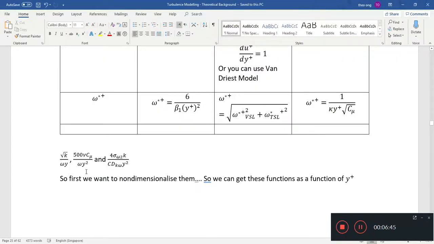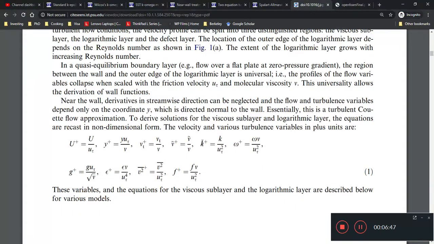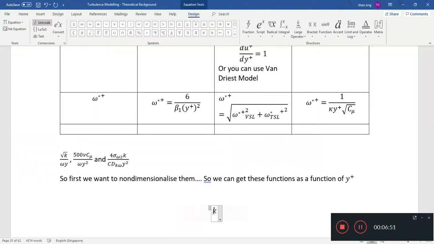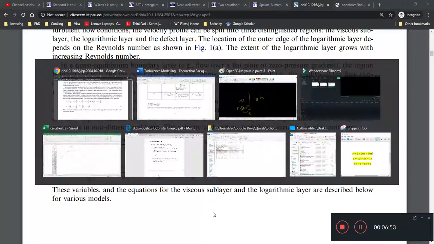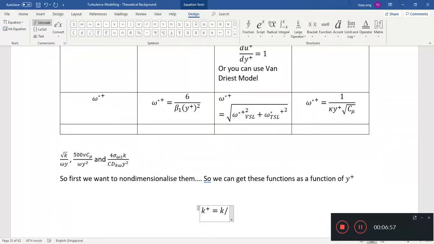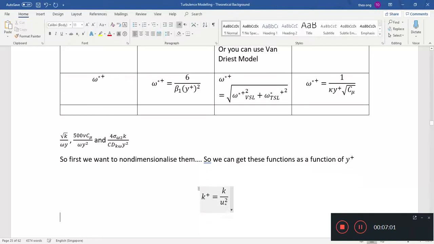Look at k plus equals k divided by u star squared, where u star is the friction velocity. Then what about omega?